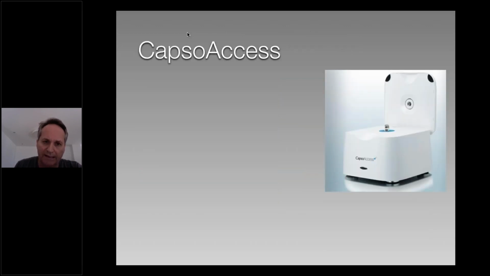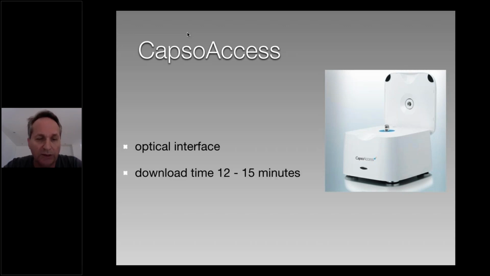The CapsoAccess, I told you, is the optical interface. We have a sensational download time of 12 to 15 minutes. For all of you who are using the Medtronic SB3, you know you have a download time of up to 90 minutes, or for a Crohn's capsule, maybe more time, up to 2 hours.